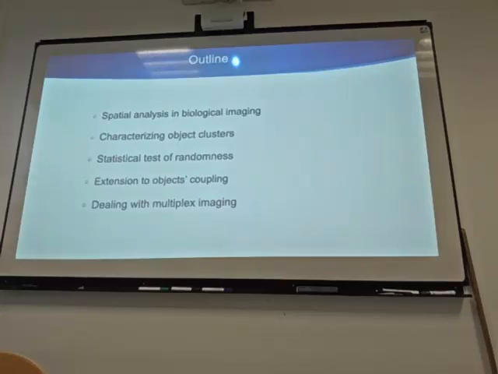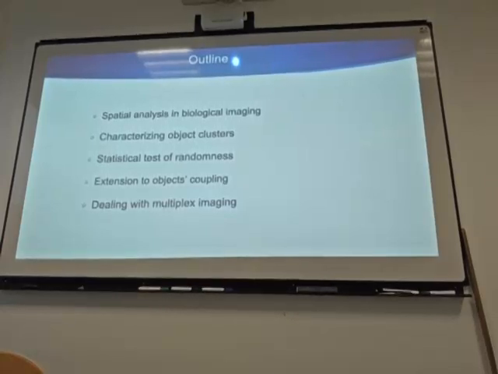So this is just the outline of this course. Five main topics. First, I will describe a few examples of why spatial analysis is important and where it can be viewed in biological imaging in general. Then I will spend some time on algorithms and methods that can be developed to characterize clusters in images.